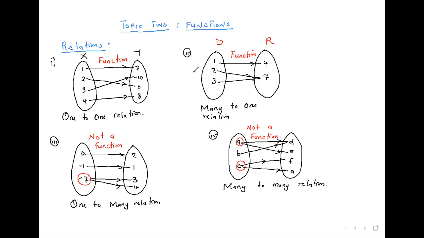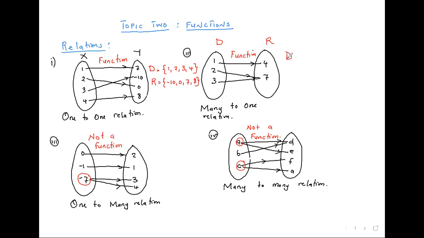So here now, the domain for this set is 1, 2, 3, 4, and the range for this set is -10, 0, 7, 8.